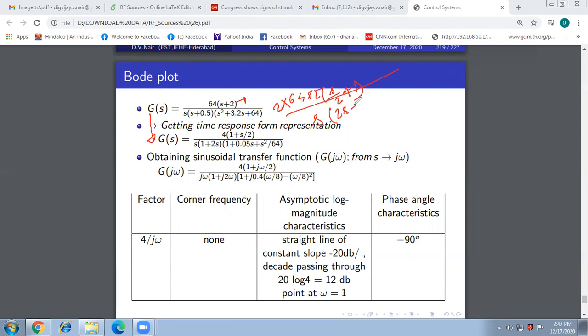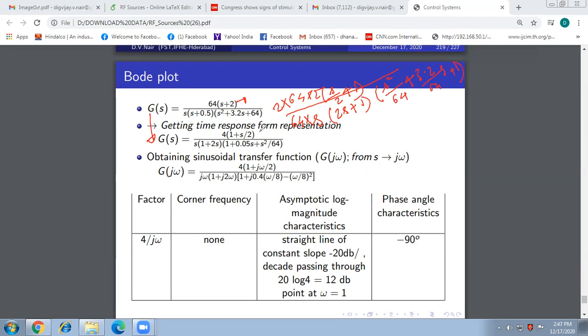2s plus 1, right? S by 0.5 is 2s plus 1, and here I will take 64 common. So when I take 64 common, there will be 64 here outside, right? And then I will be getting something as s square by 64 plus 3.2 by 64 s plus 1.